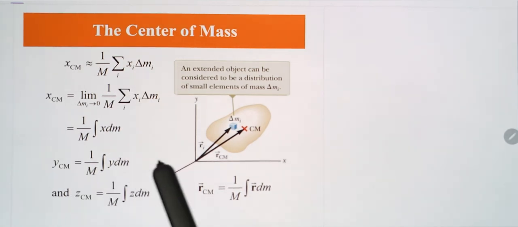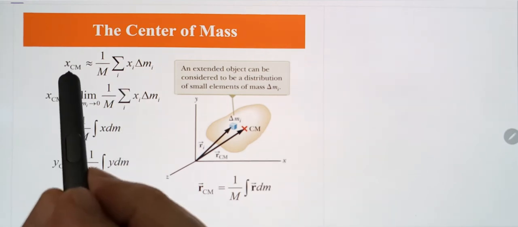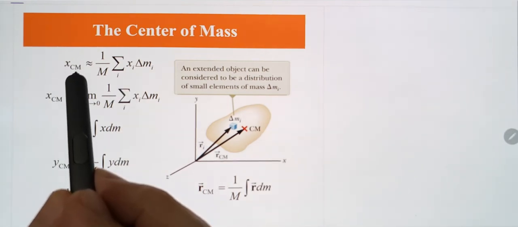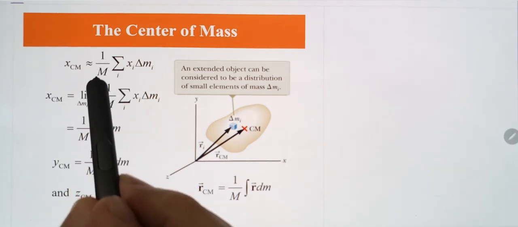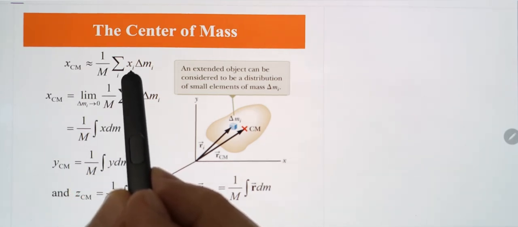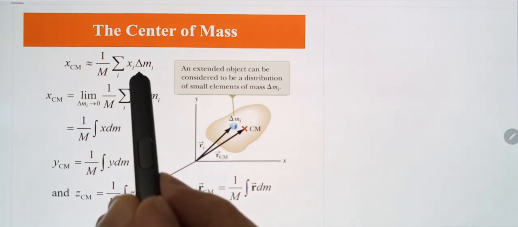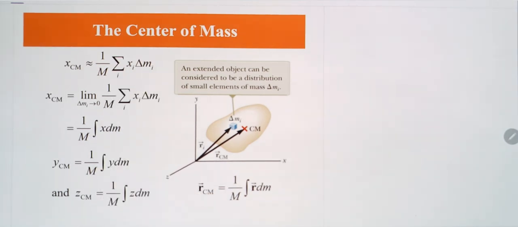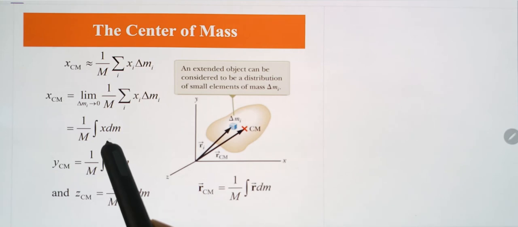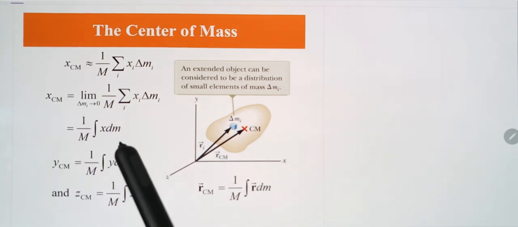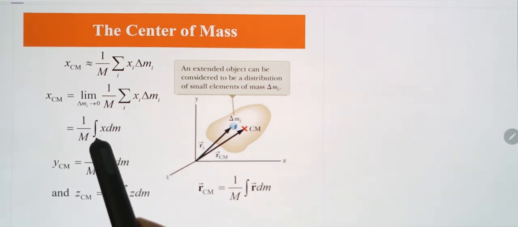That means the X center of mass is 1 over M times the sum of X multiplied by a very small mass, and i is getting very large. We always use this trick when the number is very small and very large: we take the limit, and it's nothing but the integration. So x dm.